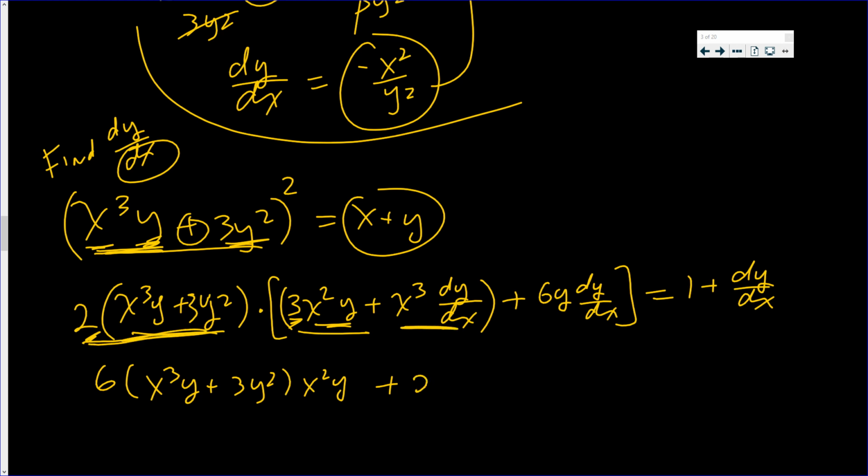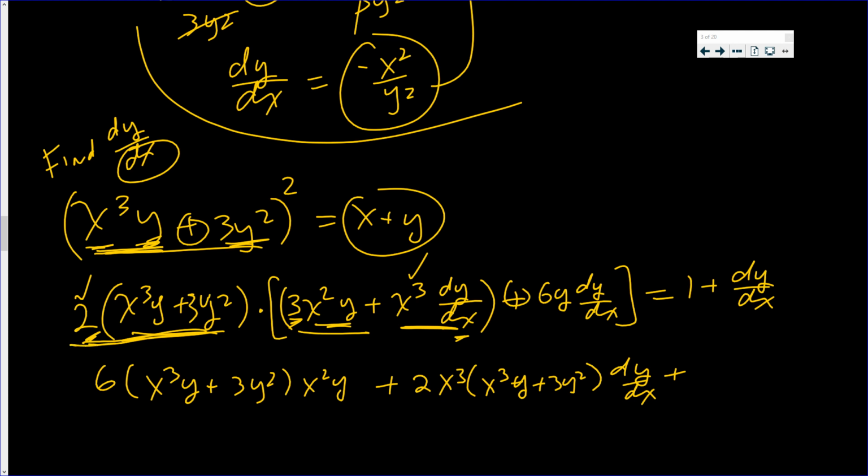Well, that's going to be 2x cubed. So I said the 2, I said the x cubed. Now I have to say this big mess, x cubed y plus 3y squared times dy dx.